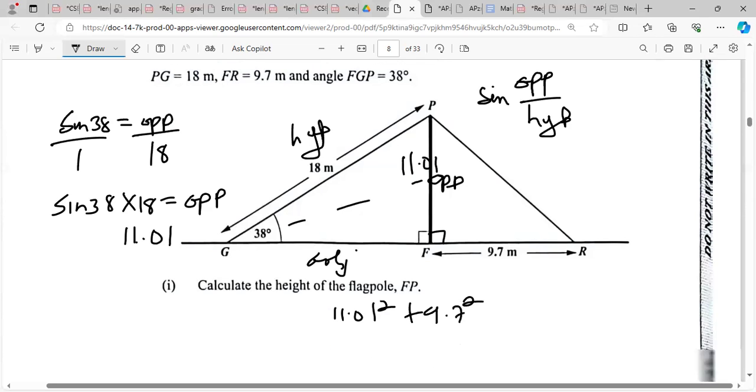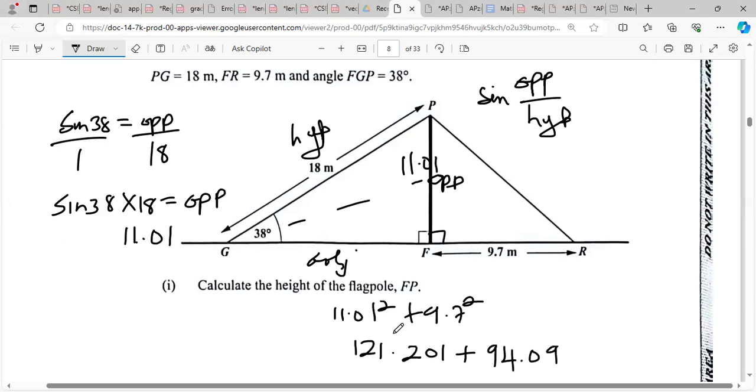Let me use my calculator. 11.01 squared is 121.2201, plus this, which is now 9.7 squared, 94.09. Remember what the Pythagoras theorem was, right?